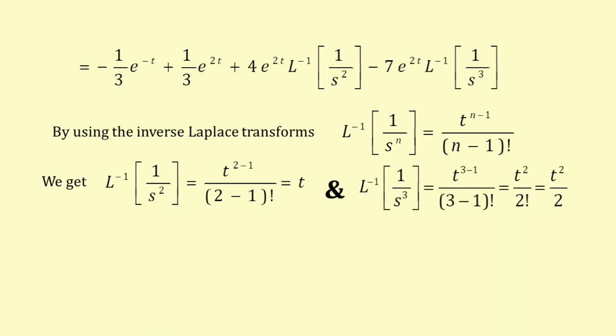Substituting the value of 3 in n, we get t power 3 minus 1 by 3 minus 1 factorial is equal to t squared by 2 factorial, which is equal to t squared by 2. So the above equation will become minus 1 by 3 e power minus t plus 1 by 3 e power 2t plus 4 into e power 2t into t minus 7 e power 2t into t squared by 2.